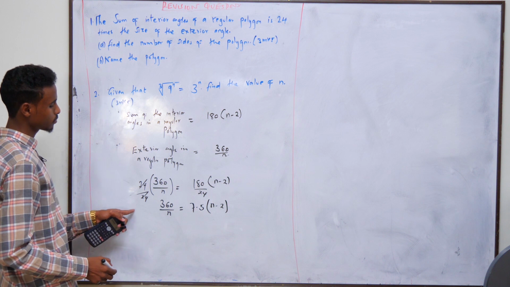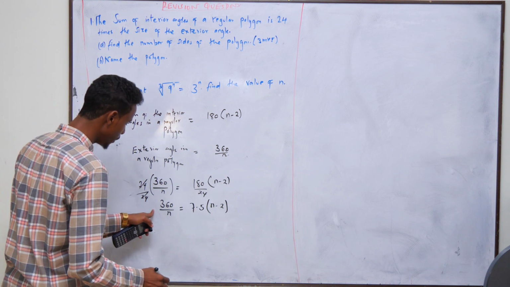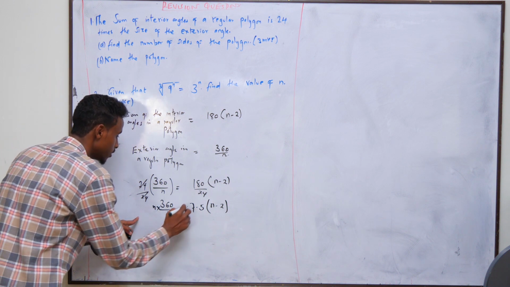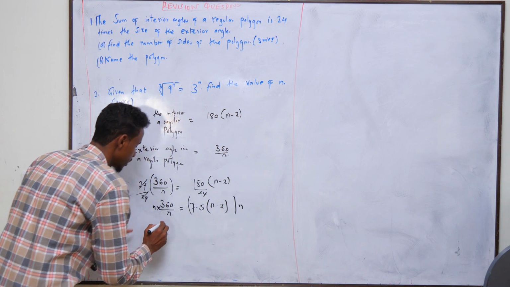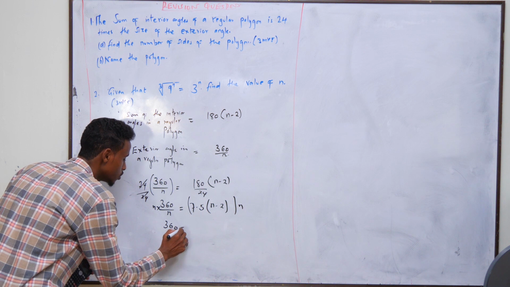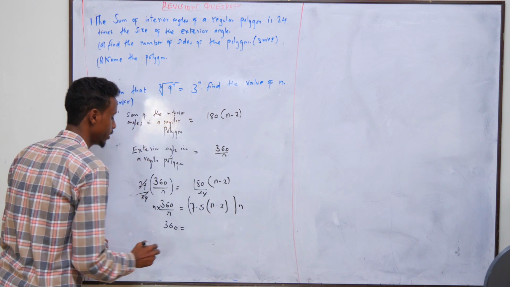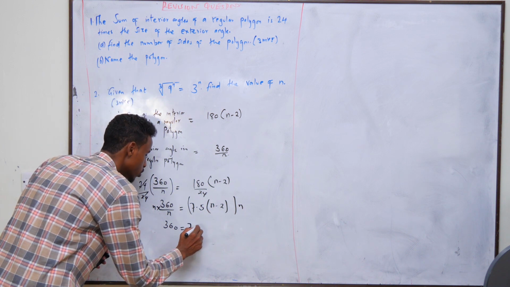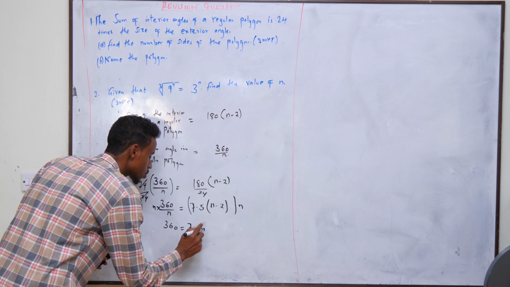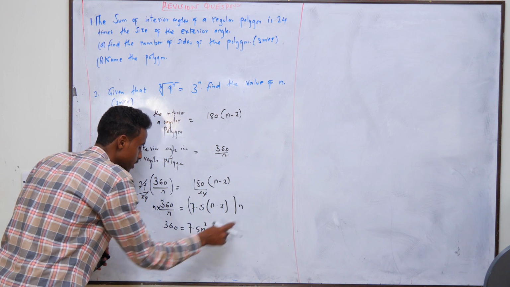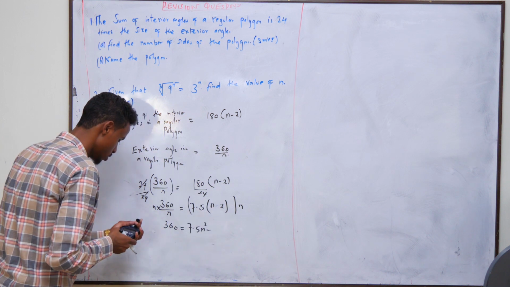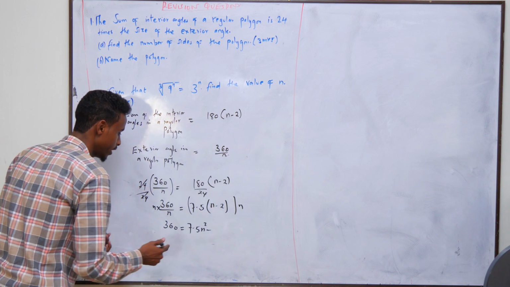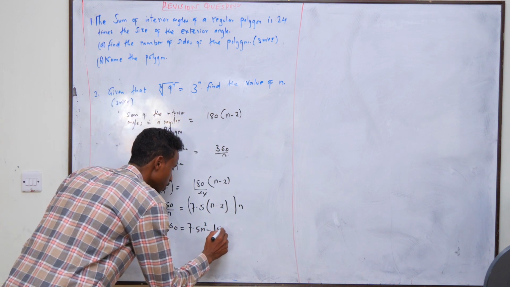The next step is to multiply through by n. Now it becomes 360 is equal to 7.5 n squared, because 7.5 times n is 7.5 n squared, minus 7.5 times 2, that is 15n.